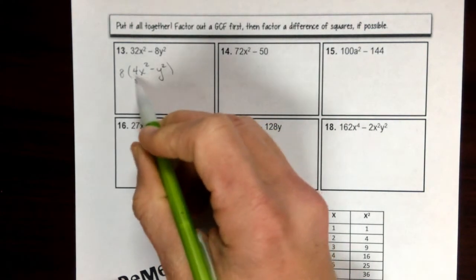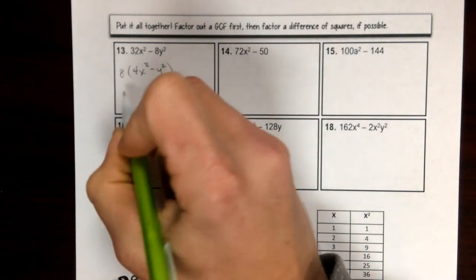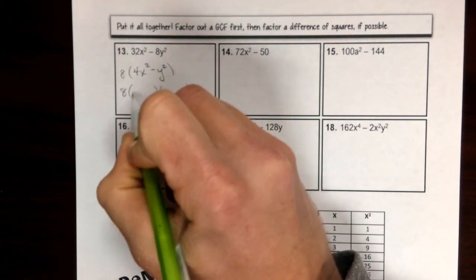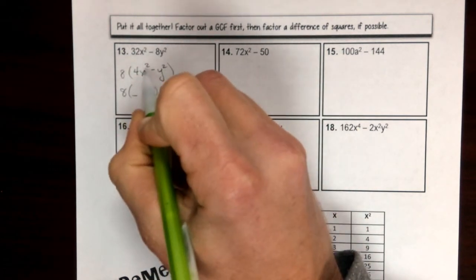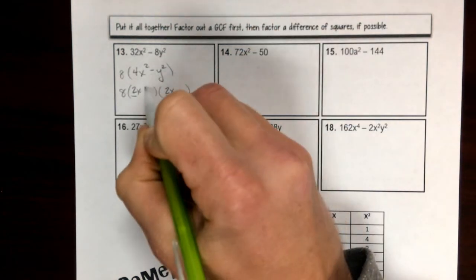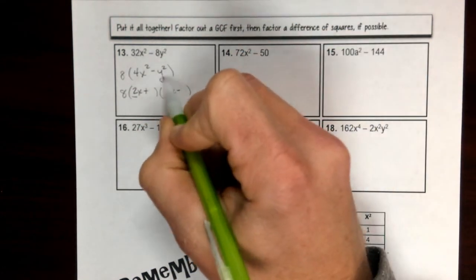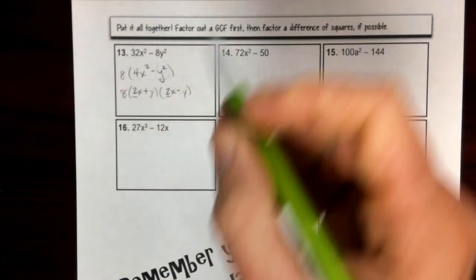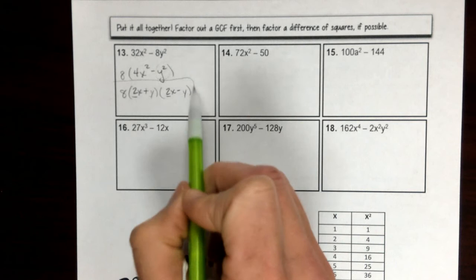Now, this is a perfect square, difference of squares. So this is going to be 8. And I'm looking at what term times what term gives me 4x squared. So it's got to be 2x times 2x. And then positive, negative. And I need to multiply two terms to give me y squared. It's got to be y and y. Bam. There you go.